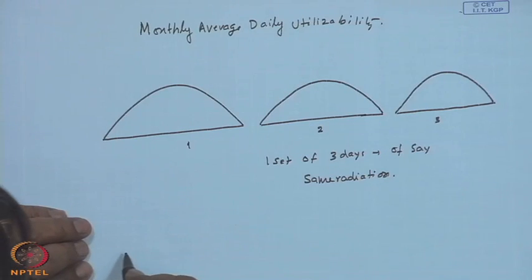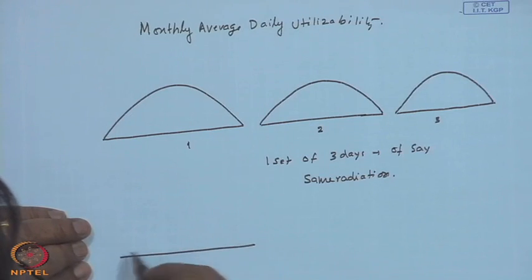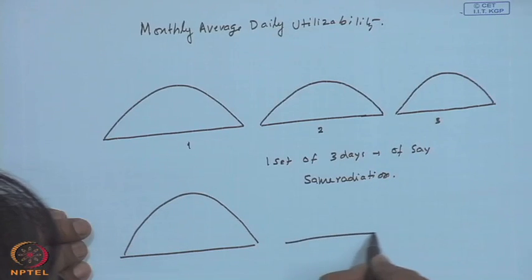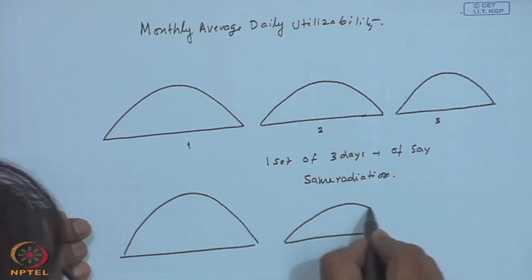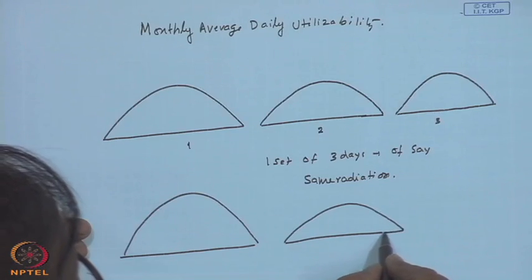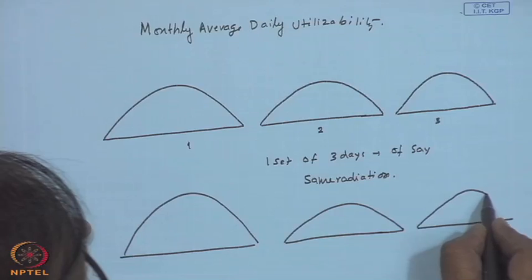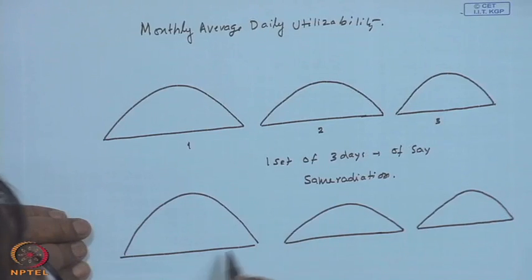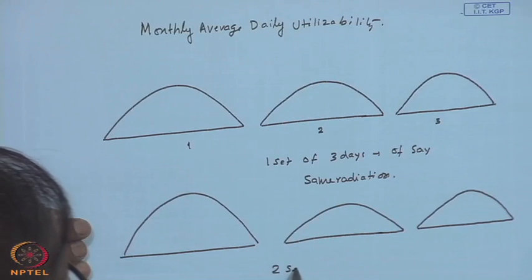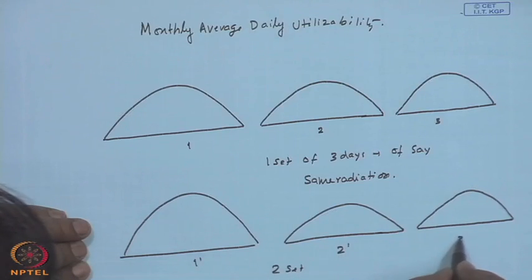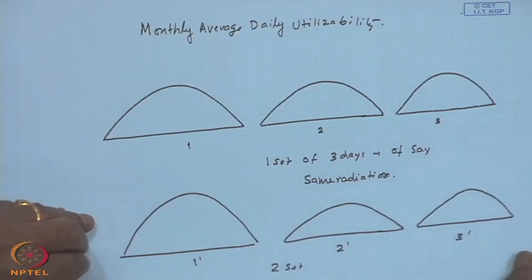Later on, I will consider here a brighter day, a cloudy day, and sort of an average day. So, this is the second set, I will call it 1 dashed, 2 dashed and 3 dashed. Okay.